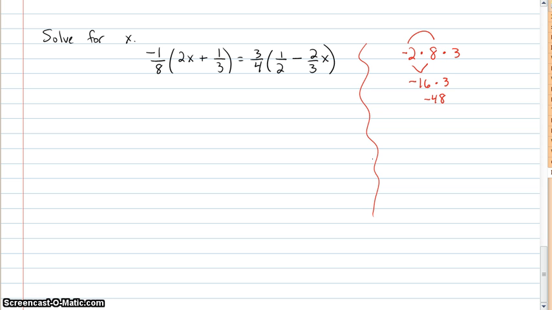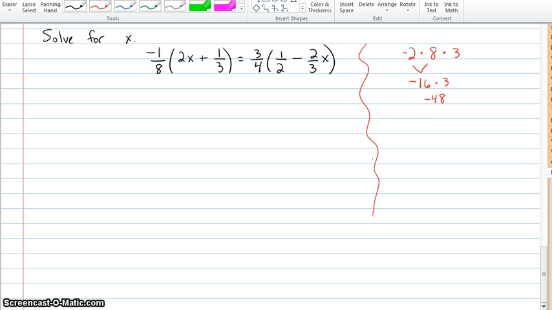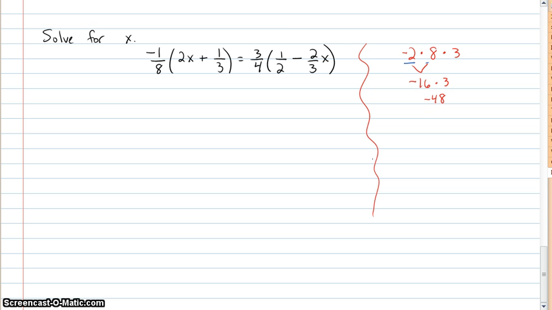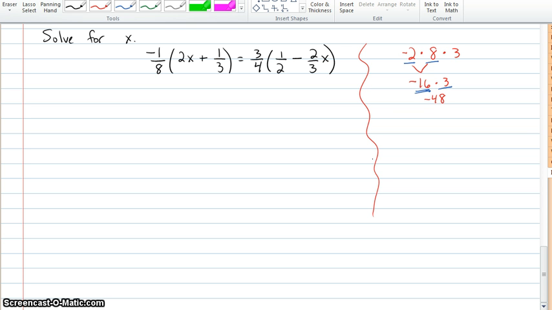You don't distribute the negative 2, right? That doesn't work. That's not how multiplication happens. You're using that same idea of multiply the first 2, take that product, and multiply by the third. That same idea applies in a problem such as this.